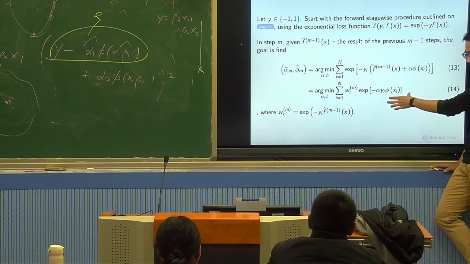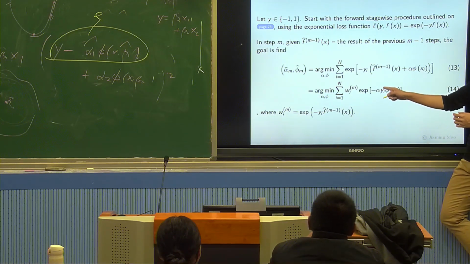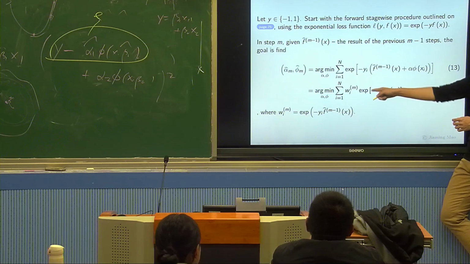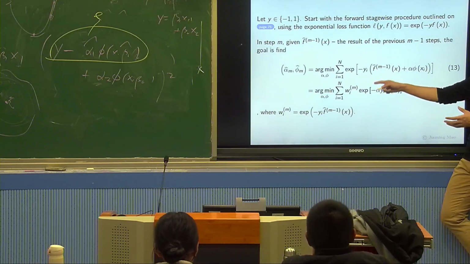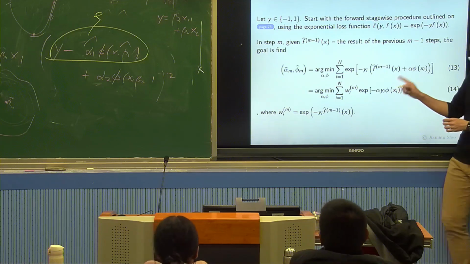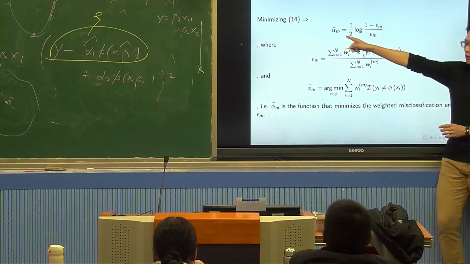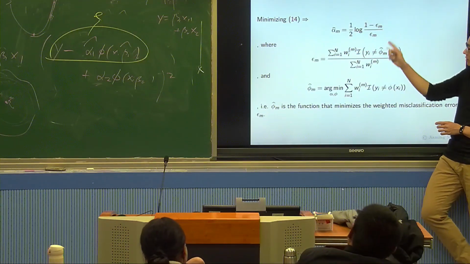That's what I'm really optimizing. So you just take a derivative. If I want to know the optimal alpha, I take the derivative with respect to alpha. If I want to know the optimal phi, I take the derivative with respect to phi. And the solution is here. The optimal alpha has this form, which looks like this.